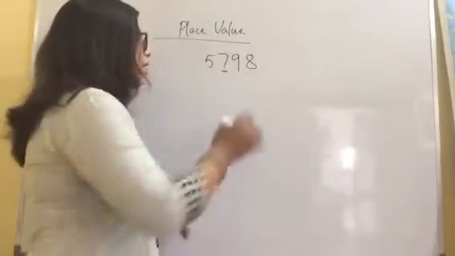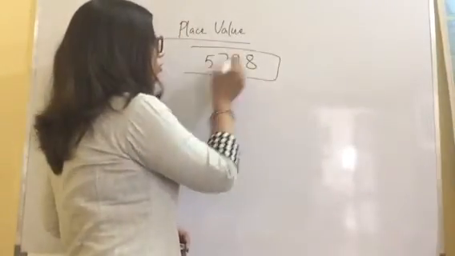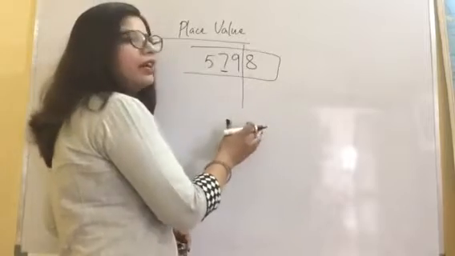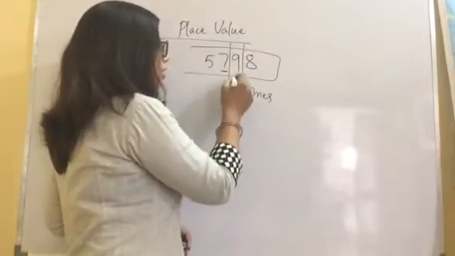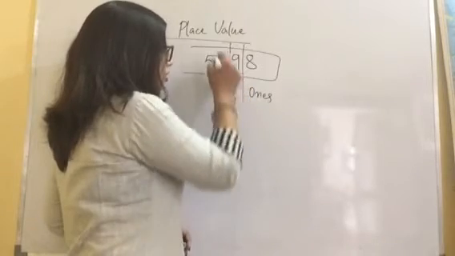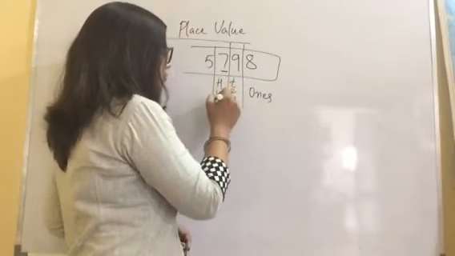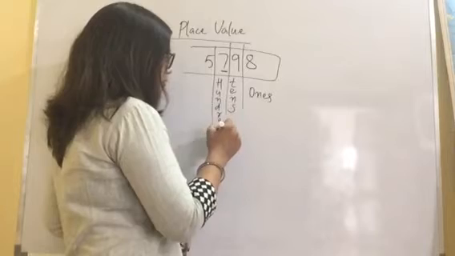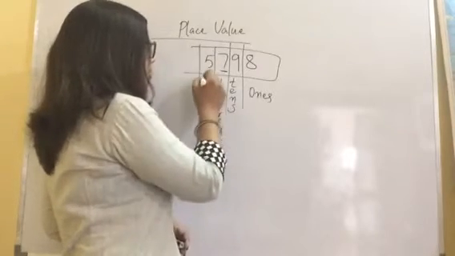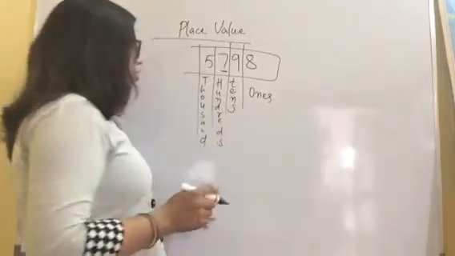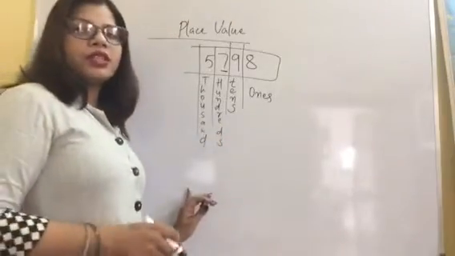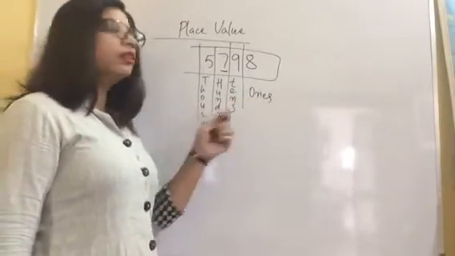For doing this, as we know, the rightmost place is ones, and then tens, then hundreds, and then thousands.